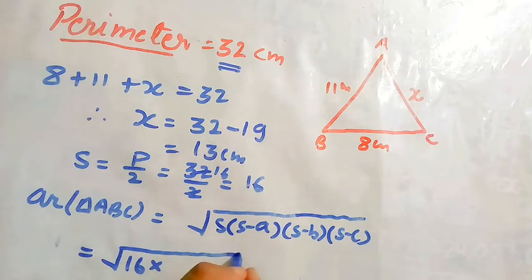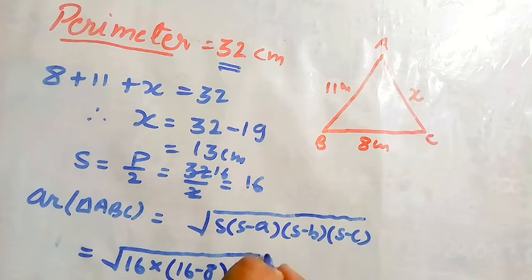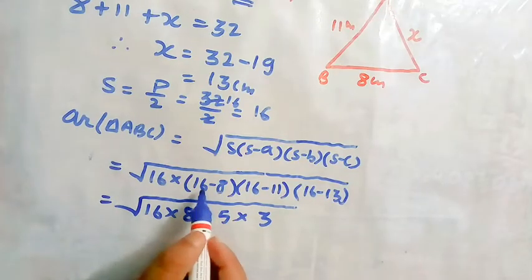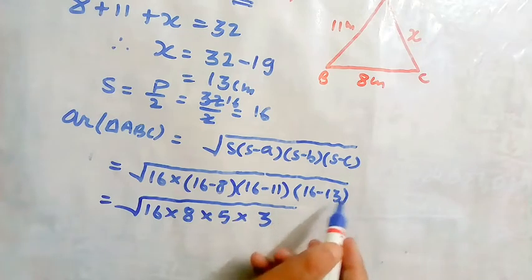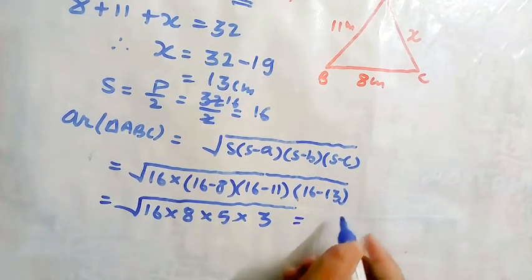So 16 multiplied by (16 minus 8) multiplied by (16 minus 11) multiplied by (16 minus 13). This will be equal to the square root of 16 multiplied by 8 multiplied by 5 multiplied by 3.